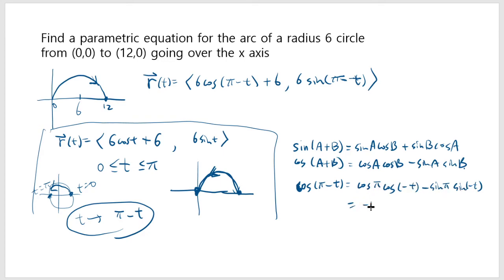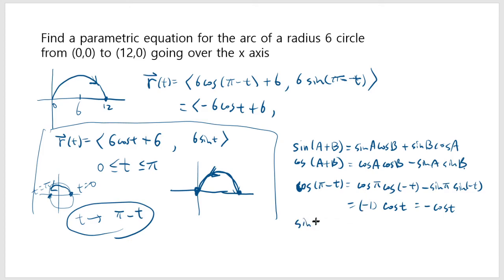Cosine pi is -1. Cosine is an even function, so it eats up the negative sign, so it gives you cosine just t. Sine pi is 0, so I don't care what that is, so it's just this. So it's negative cosine t. Oh, that's nice. So now I can just replace this by -6 cosine t plus 6.